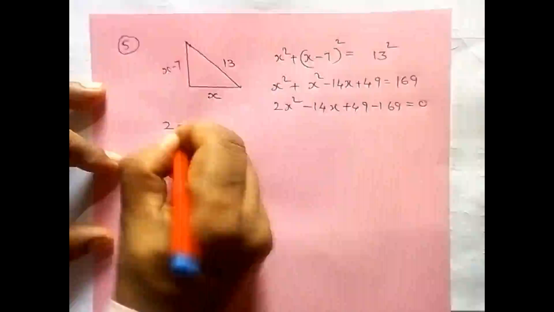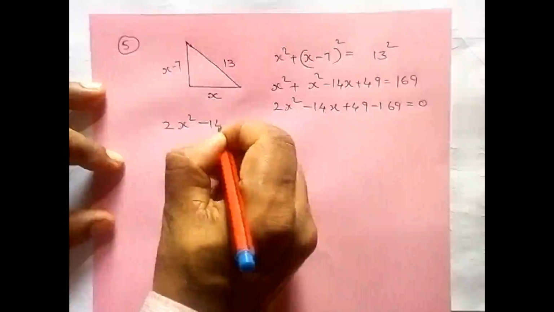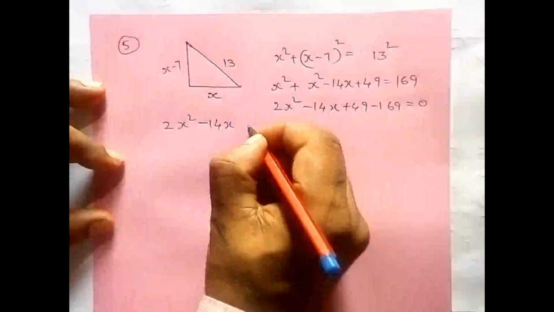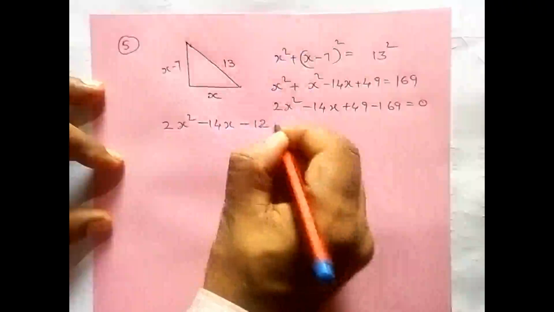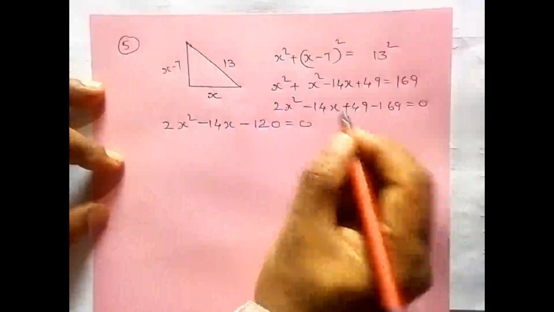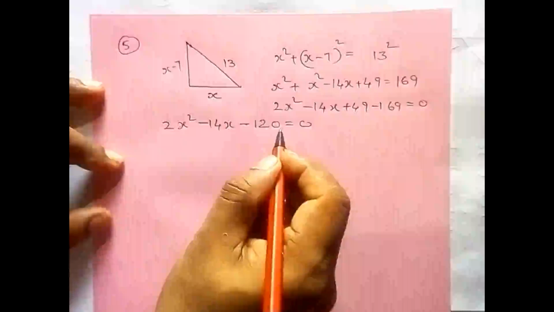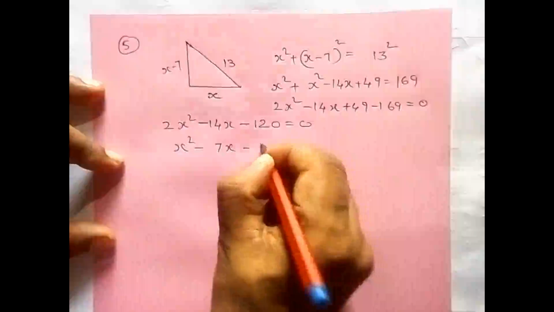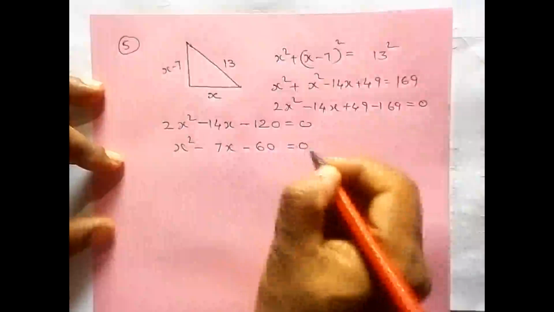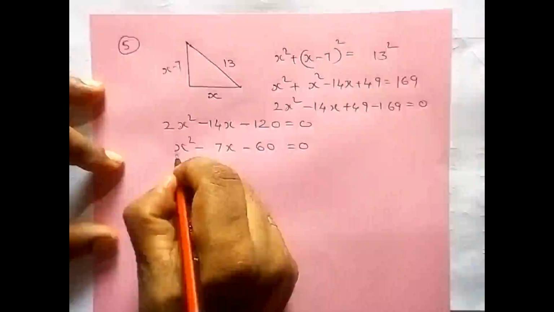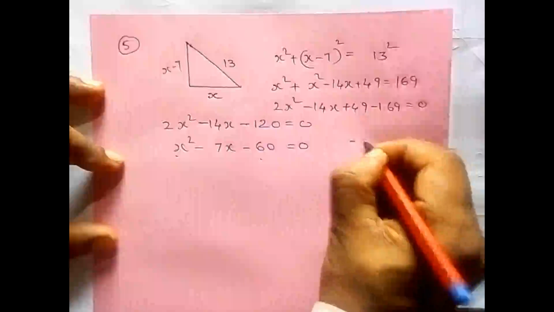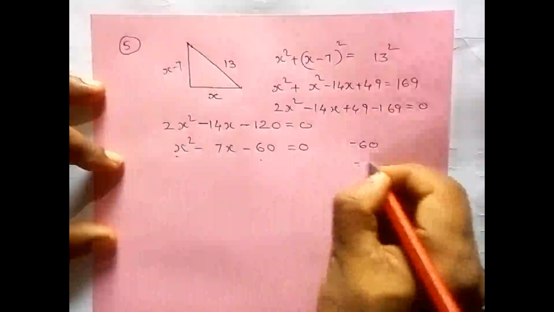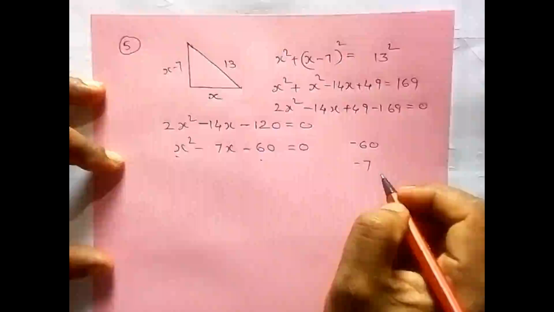That is 2x square minus 14x minus 120 equal to 0. All these are even numbers, we can divide by 2, we will get x square minus 7x minus 60 equal to 0.